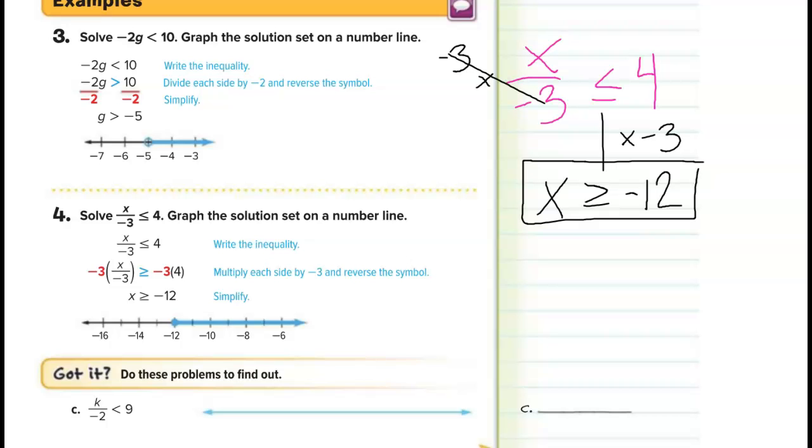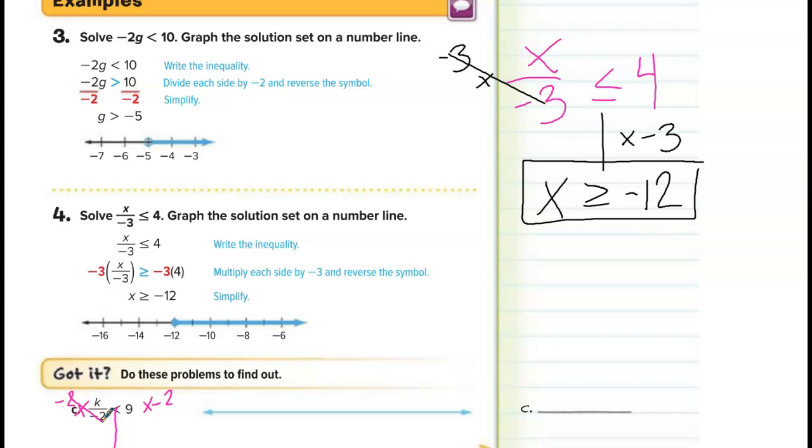So on C, what did you do to solve? So we all agree that we would times by negative 2, right? Okay, so then you have to do it to this side. So am I going to keep or change the sign?